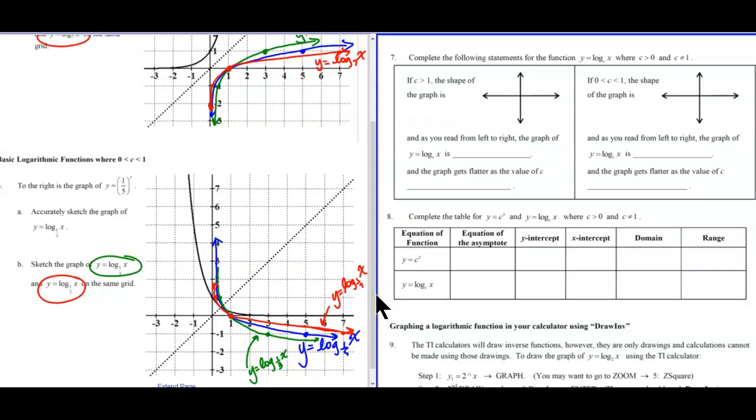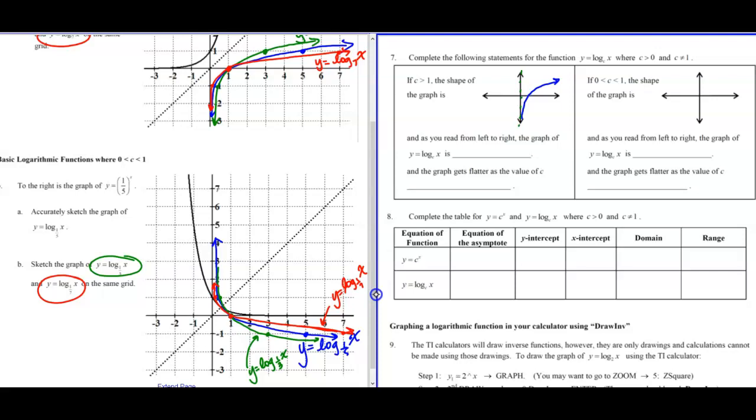Okay, so summary here. y equals log of x base c. If c is greater than 1, then the shape of the graph is like this. Remember, the asymptote is the y-axis.